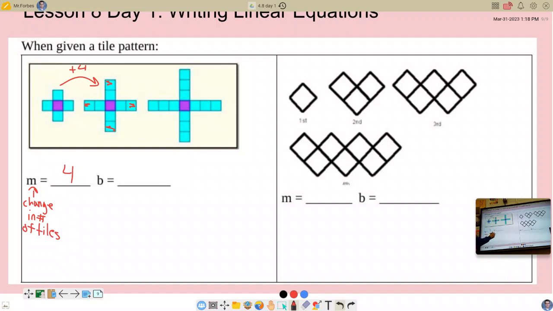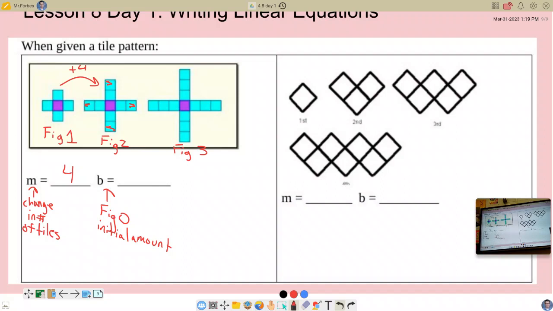My b value is my figure 0. It's my initial amount. Now here, it's not labeled for you, but we would routinely give you figure 1, figure 2, figure 3. We've done that before.